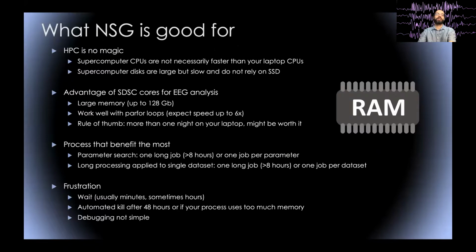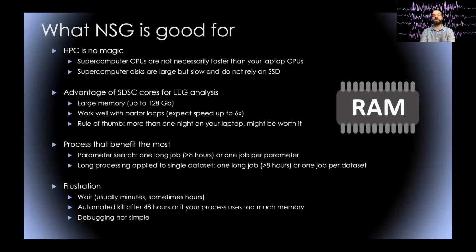It's also good to know what NSG is good for. Lots of people think, oh, the supercomputer is so much faster than my laptop or my workstation, even the one I just bought. And that's usually not the case. The cores are actually slightly slower than those of a newer laptop or workstation, so they're not widely faster.